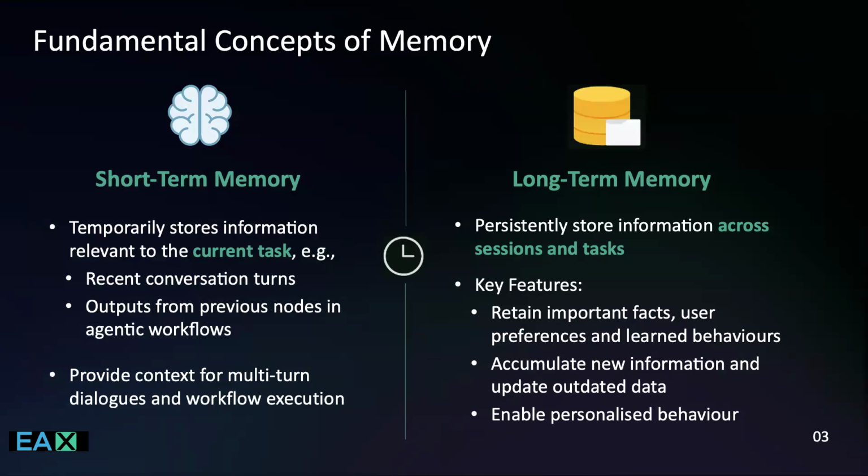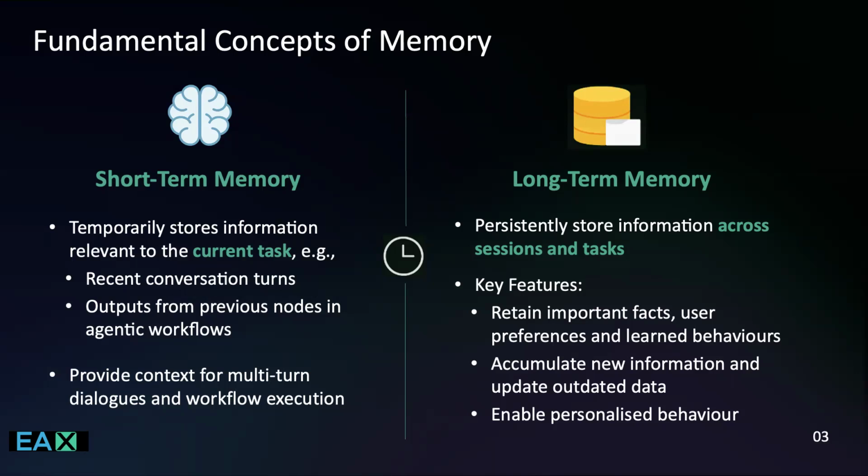Here, I would like to introduce some fundamental concepts of the memory. As some of you may know, there are actually two kinds of memory in AI agents, the short-term memory and also the long-term memory. The short-term memory temporarily stores the information that is relevant to the current task, such as the recent conversation turns and also the outputs from the previous node in agentic workflows.